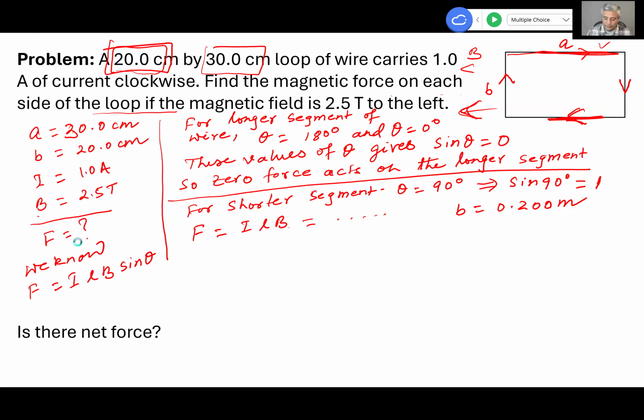Everything is known, so the value is going to be the same for both of them, the same value for the left and right side of the coil, or loop. I think it says loop, so let's say loop.